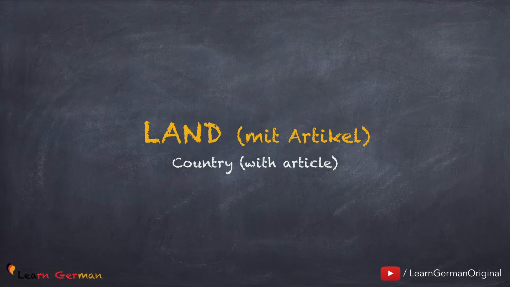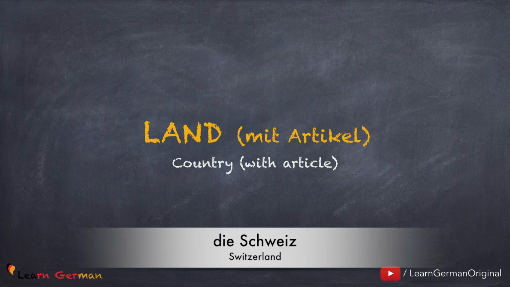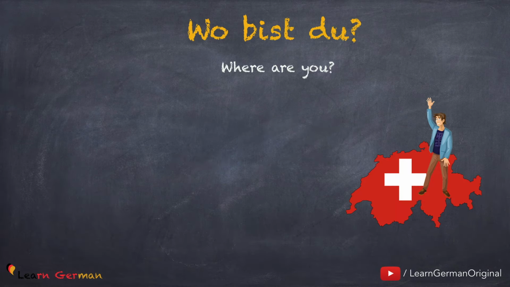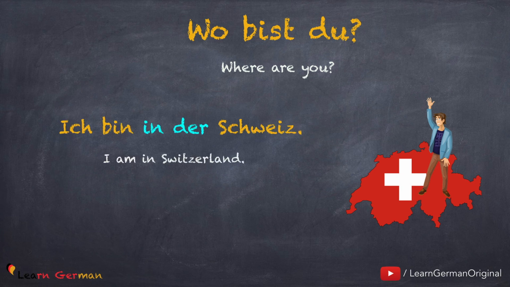Moving on to Land mit Artikel. For example, die Schweiz. Wo bist du? Now in this case, since Schweiz has an article, we would say Ich bin in der Schweiz.